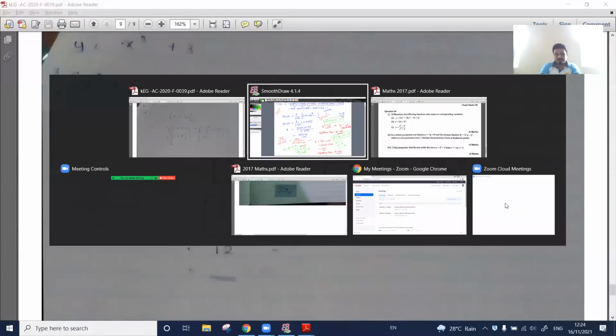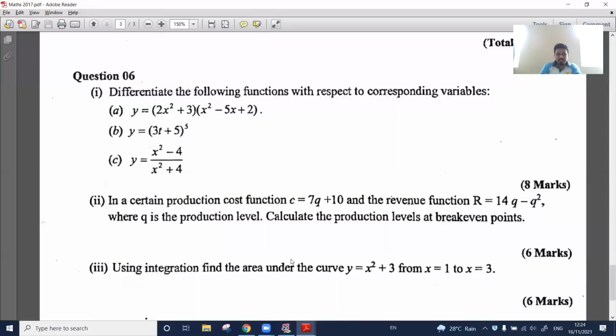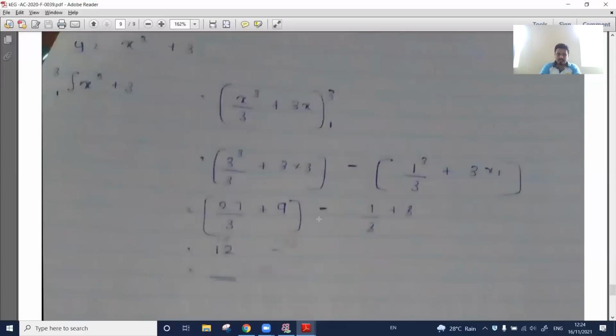And the last one. Using integration, find the area under the curve y equals x squared plus 3 from x equals 1 to x equals 3. That is finite integrals, right? First we need to integrate.